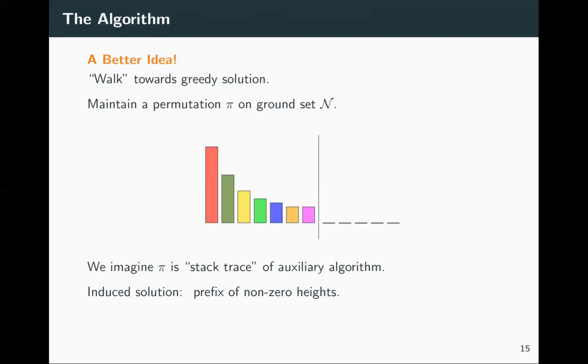Given such a permutation, this induces a solution for the hitting set problem, which is just the prefix of non-zero heights. All right. So the idea is going to be to perform local search on this permutation. Now, we need to argue two things: one, that when this local search terminates, this permutation corresponds to the stack trace or the history of a reasonable algorithm for the hitting set problem; and second, that this local search doesn't take too long.